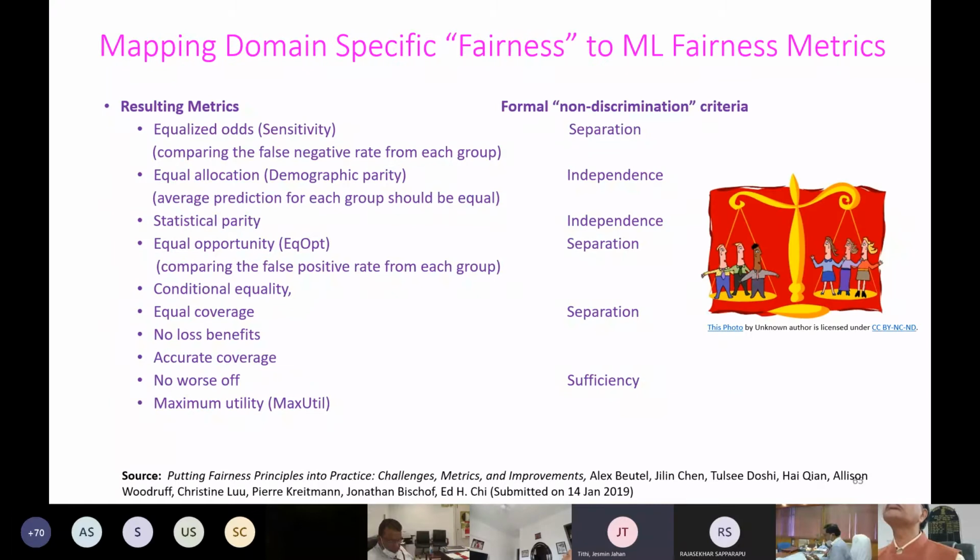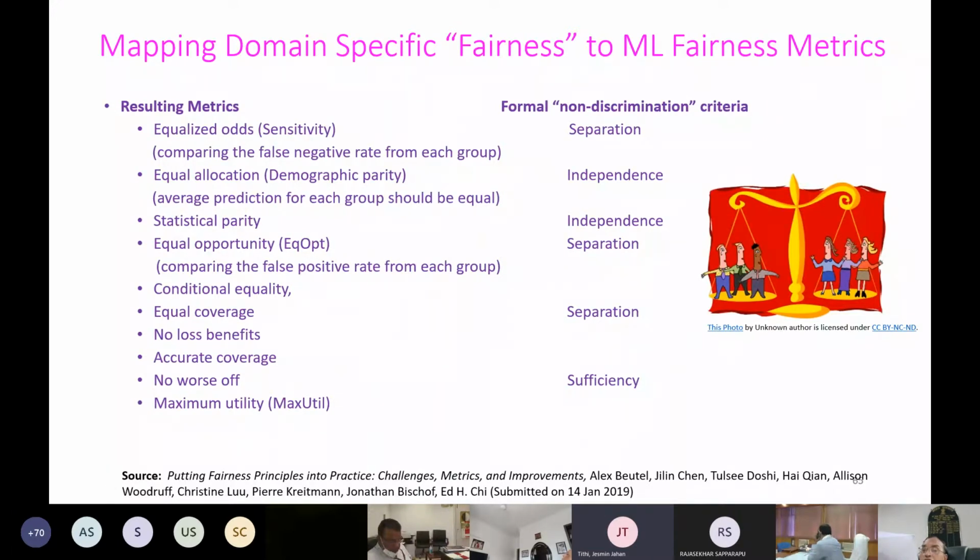The next step is to map this domain-specific fairness criteria to the ML-specific fairness criteria. So for example, in ML, we have specificity and sensitivity and other kinds of fairness criteria, for example, equalized odds, and equal allocation, which is the same as the demographic parity that I showed in the prior slide.